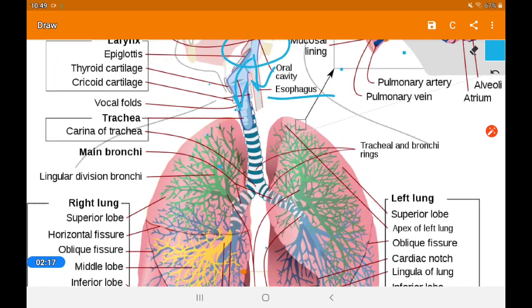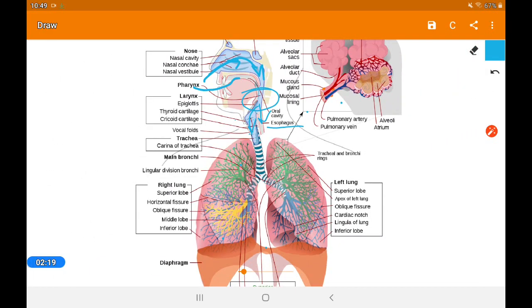So you have to keep in mind that food and air come in through one common route, and food goes in the esophagus route, and the air enters inside the lungs.